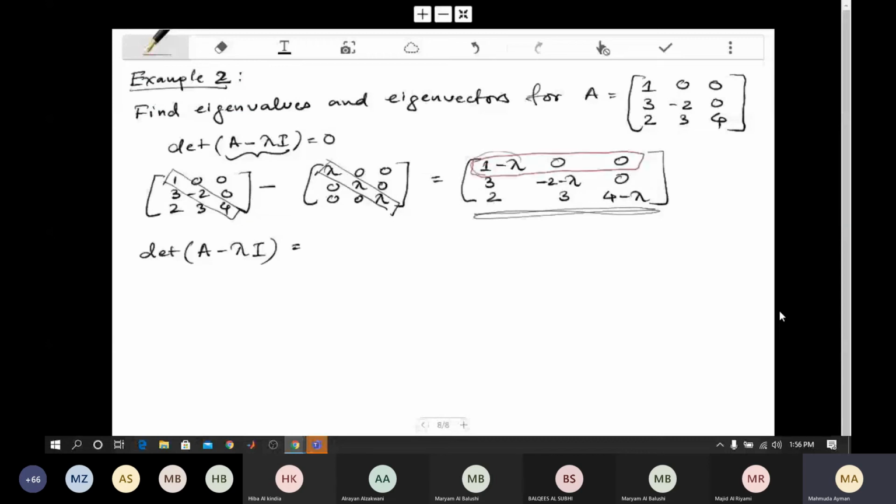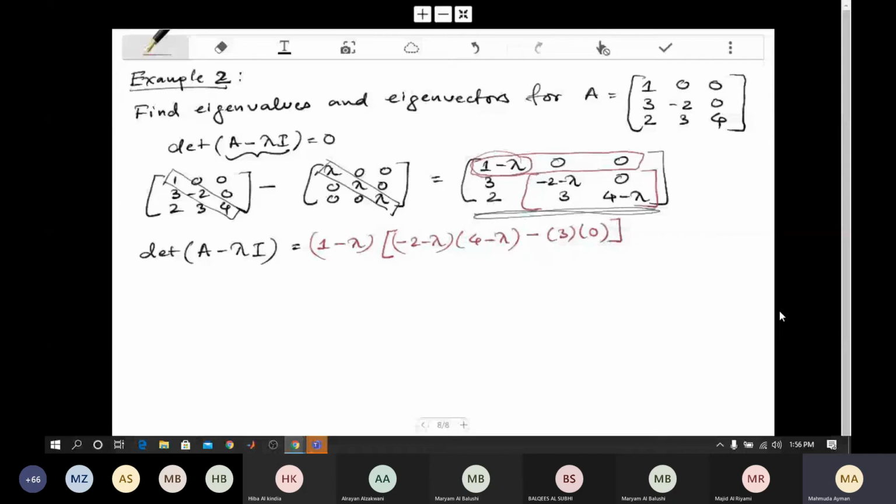We'll take the first element as 1 minus lambda, and we will multiply it by the determinant of the matrix that is left after leaving the row and the column of this element. So the determinant of this matrix here is minus 2 minus lambda times 4 minus lambda minus 3 times 0. Okay, and then the first number here is positive, the next one will be negative.